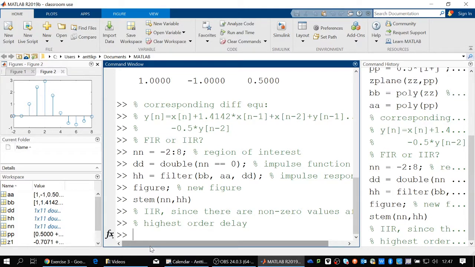There, good. That's done. So we can plot the impulse response and also determine if it's an infinite or finite impulse response system.